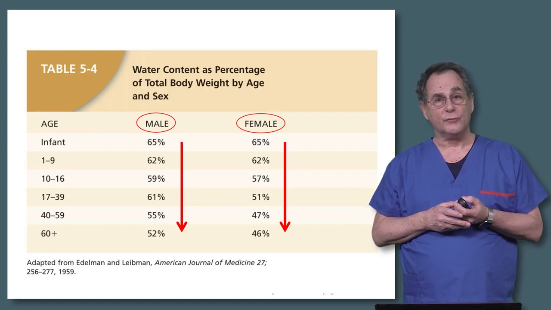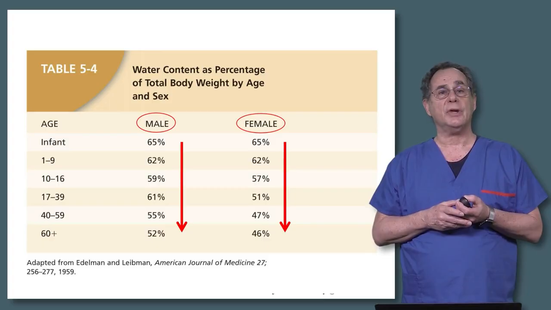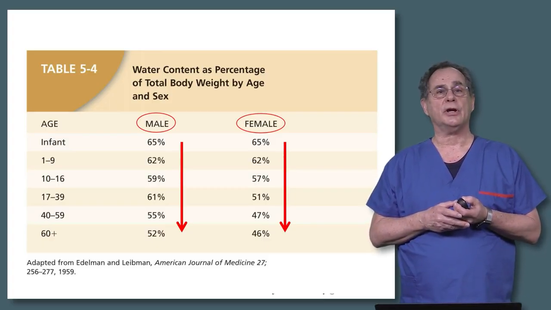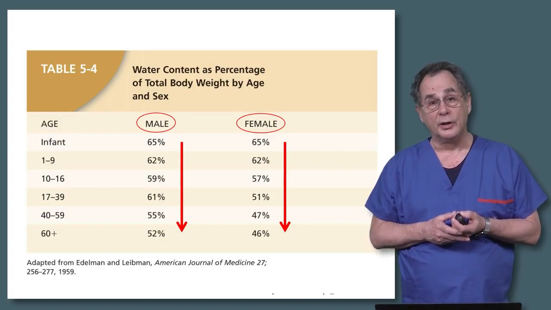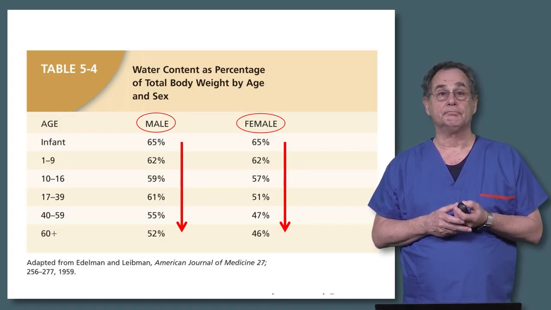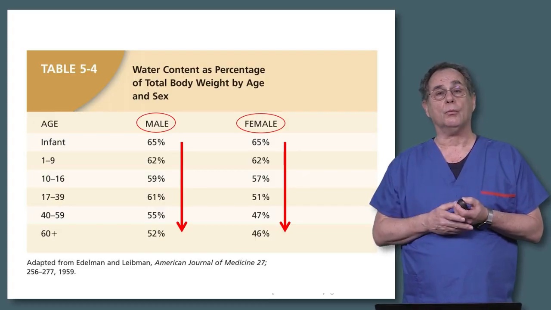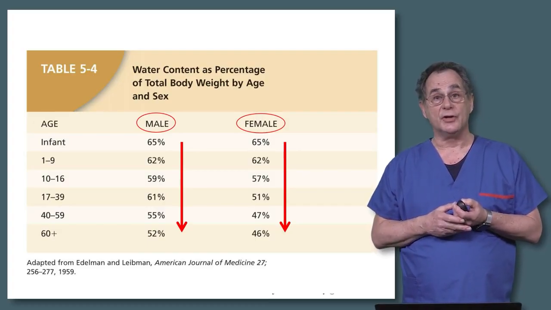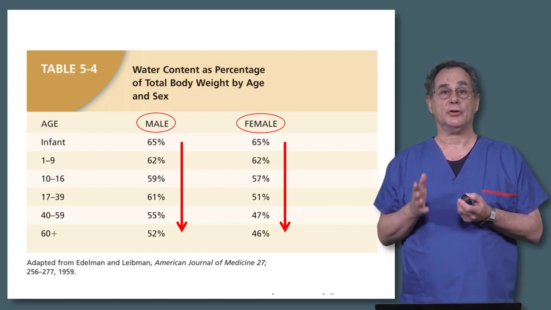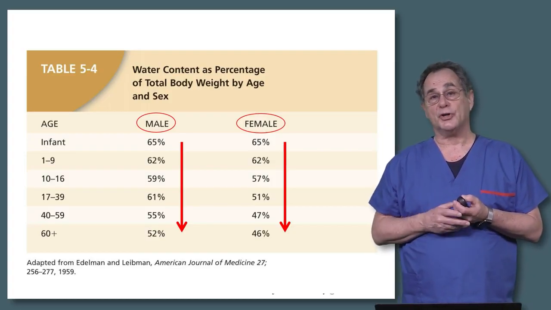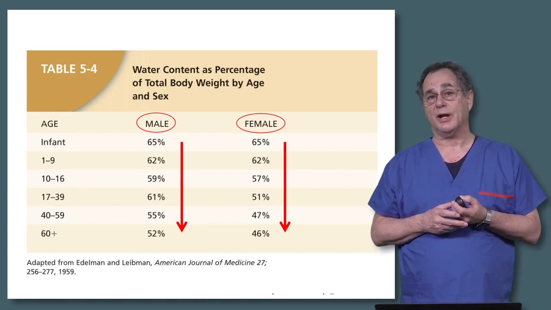That is, 65% of their total body weight is composed of water. And if we focus first on the second column of males and go down, you can see that as we reach middle age, between 39 and 59 years of age, we settle in males at around 60% of our total body weight being composed of water. And then as we get older, that amount declines, again reflecting the reduction in muscle mass. In females, we start off at the same composition. 65% of the total body weight is made up of water.